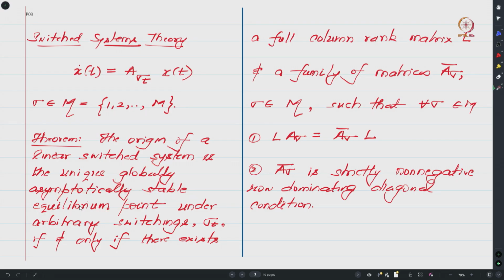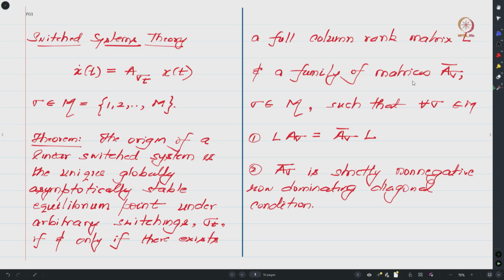Because you have a switch system, it is not clear if the origin will always be globally asymptotically stable, and this theorem says that it indeed is, under arbitrary switchings, if and only if there exists some full column rank matrix L and a family of matrices A bar sigma such that for every sigma in this calligraphic set M you have the following two conditions. On the one hand, L times A sigma, where A sigma is what you have over here where sigma t is sigma, equals A bar sigma times L.